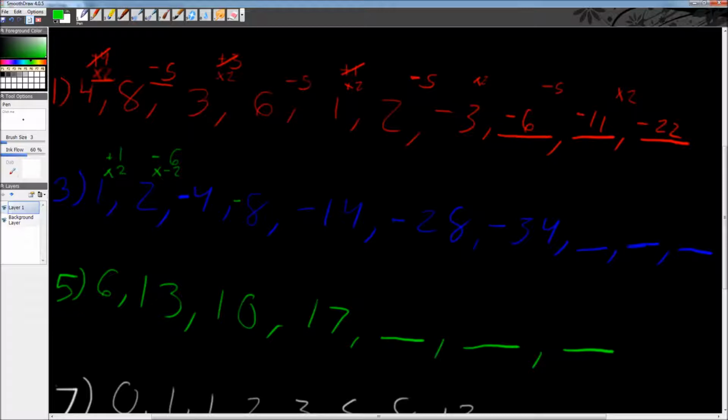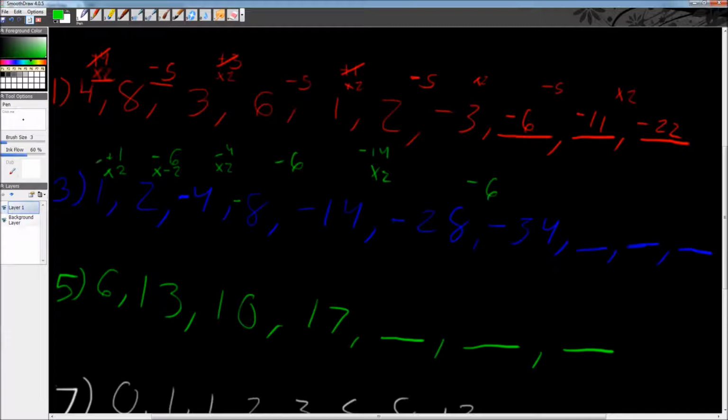To get from negative 4 to negative 8, we can multiply by 2 or subtract 4. To get from negative 8 to negative 14, subtract 6. Negative 14 to negative 28, times 2. Negative 28 to negative 34, subtract 6.